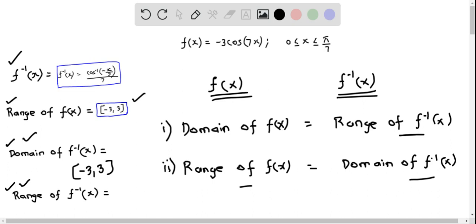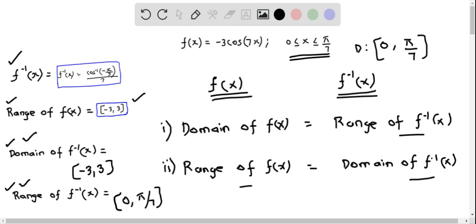The range of f inverse of x is equal to the domain of f of x. From the given function, the domain of f of x is x greater than or equal to 0 and less than or equal to pi by 7. Written in interval notation, the range of f inverse of x is 0 comma pi over 7, and this has to be given in interval notation. So we answered the questions.